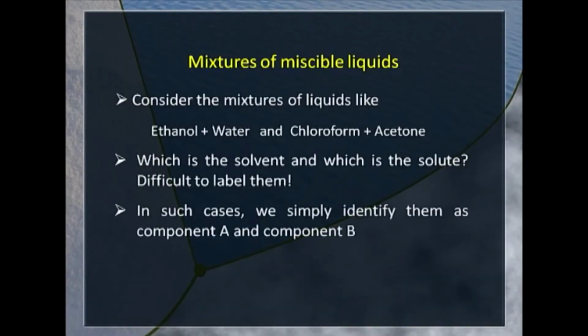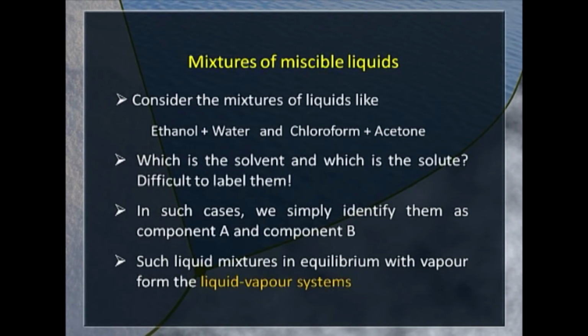It is very difficult to label them, because when we talk about solutions, we think in terms of solute and solvent, but in these cases it is not possible to identify them. Therefore, in these cases we simply say that there are two components, one is component A, the other is component B. Such liquid mixtures in equilibrium with their vapors form the liquid vapor systems.